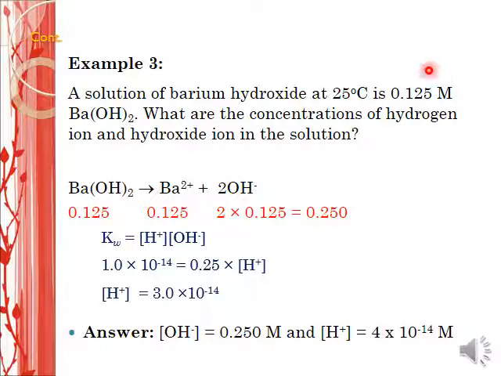Now given the molarity here, this would refer to hydroxide, so times 2. To find H plus, we use the Kw expression. So this is the H plus concentration. Don't forget the unit, molarity.